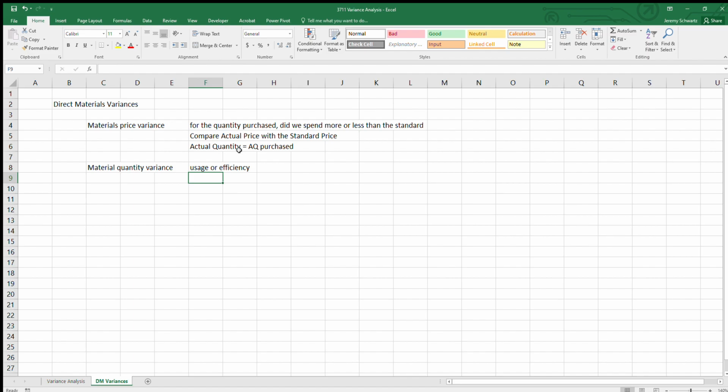The idea here is that we will be looking at the standard price. Did we use more or less of the materials?